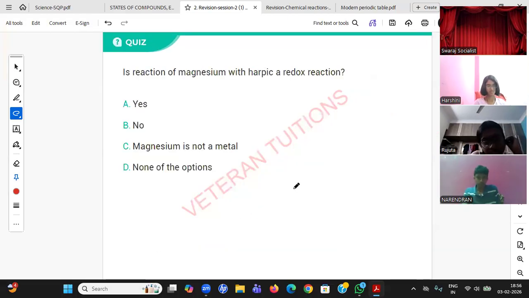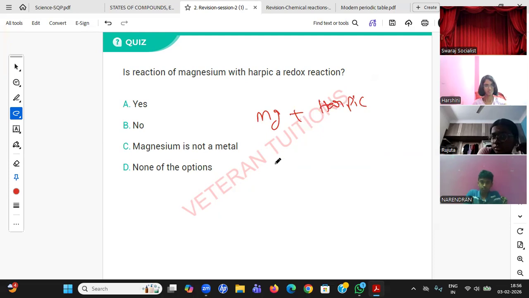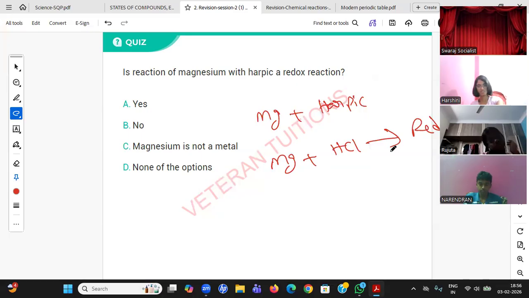In the reaction of magnesium with Harpic, is it a redox reaction? Again, magnesium plus HCl, is it a redox reaction? Very good, Ponnappa. Maya, right answer. Shayan, right answer.